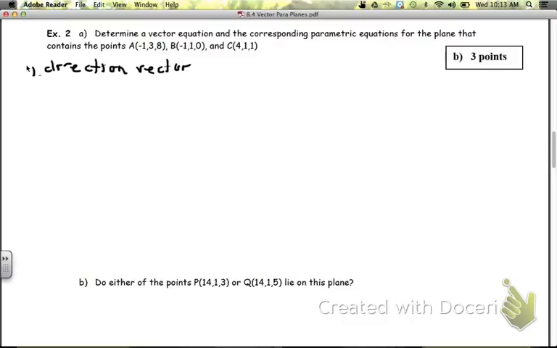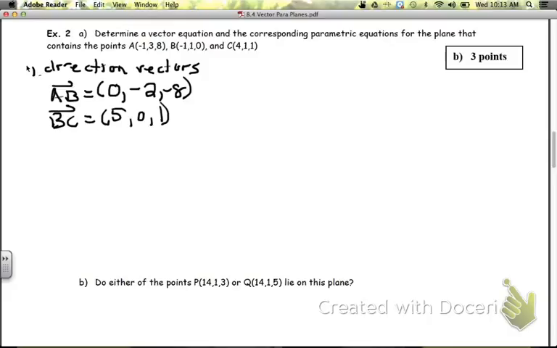We're going to find AB, which is equal to 0, -2, -8. Then we look at BC, which is equal to 5, 0, 1.